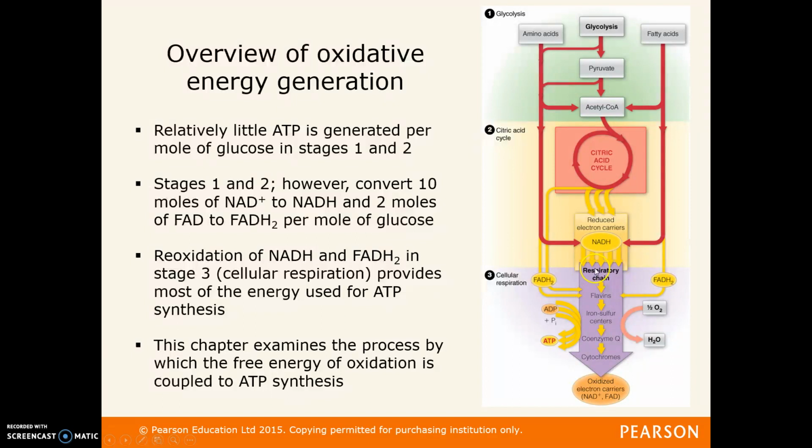We are dumping electrons into a chain of events that are passing the electrons from one thing to another, to another, and to another. And this is doing a certain amount of work, which we harvest as ATP. And we'll get to how that occurs a little later on. Ultimately, though, we are putting those electrons somewhere, and that somewhere is onto oxygen, which converts oxygen into water.